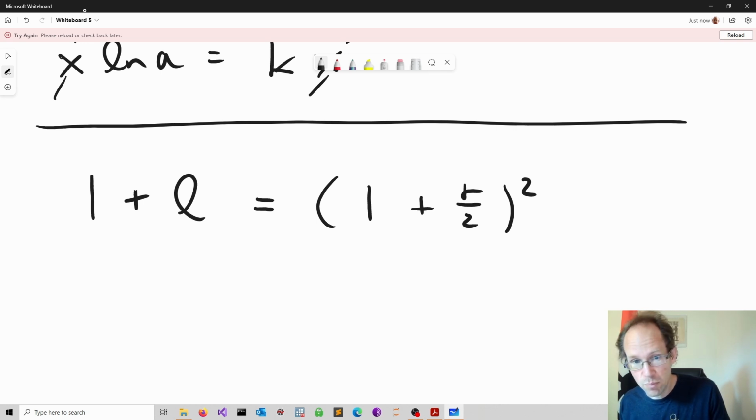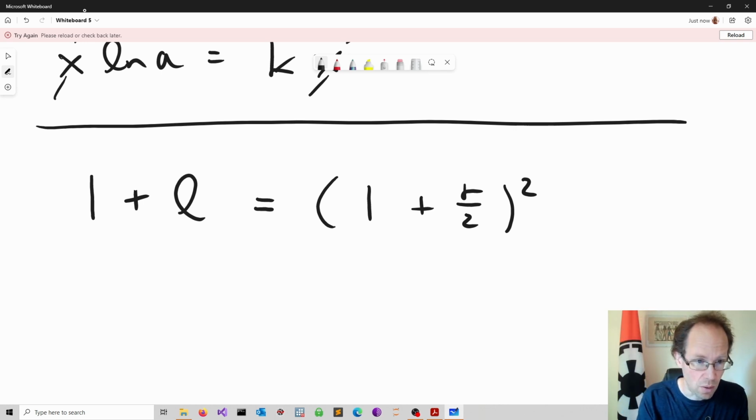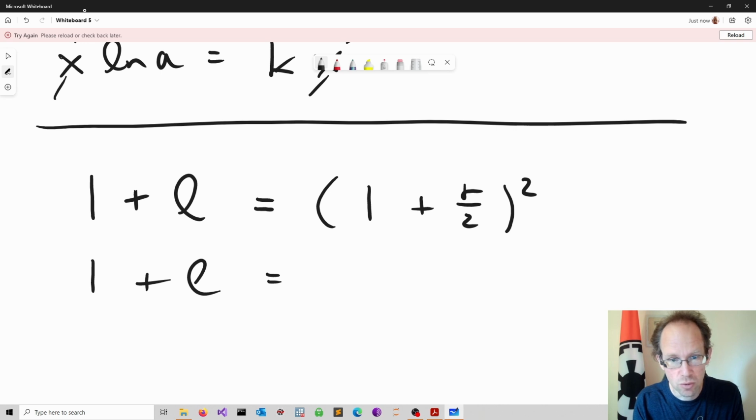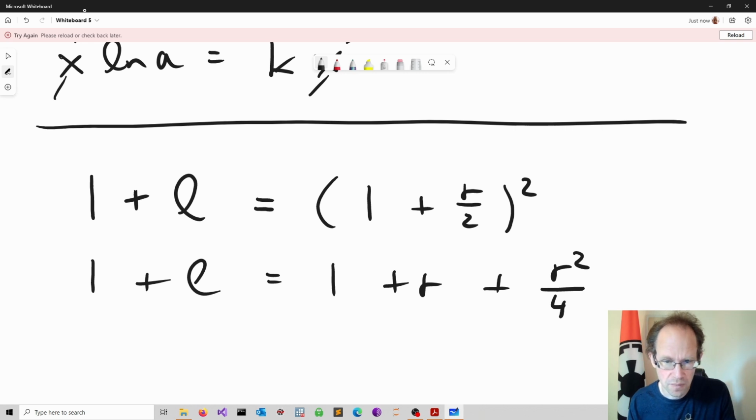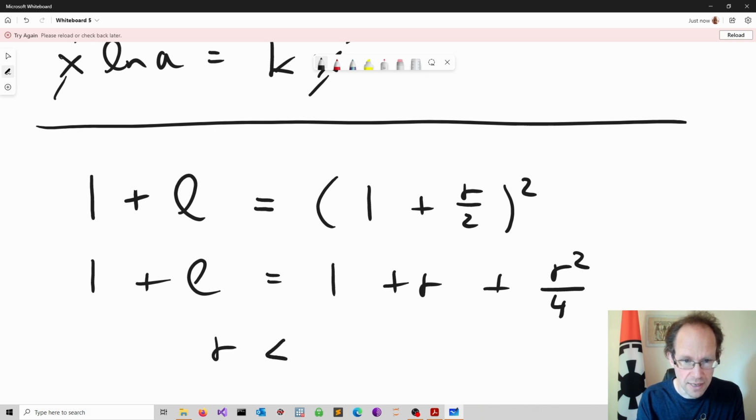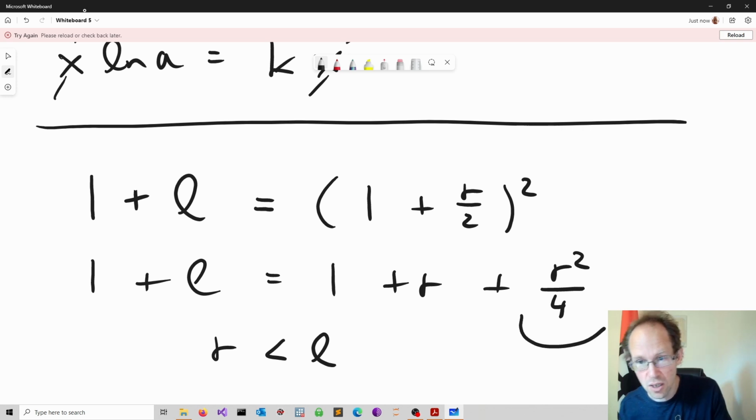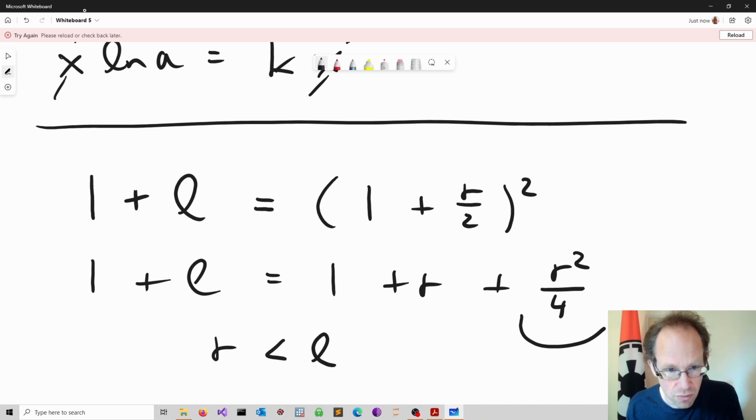If we multiply this out, we obtain 1 plus R plus R squared divided by 4. And it's easy to see that in this case, R has to be less than L because of this term here, which is the compounding effect. This is the interest on interest effect.